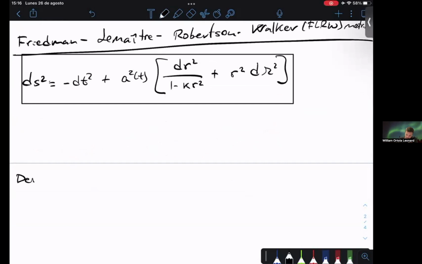Derivation. To understand where this is coming from, we're going to consider a three-dimensional sphere, a three-sphere, which is embedded inside of a four-dimensional space, okay? You might think this is odd, why are we doing this?